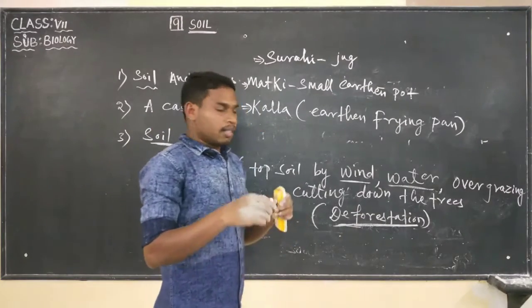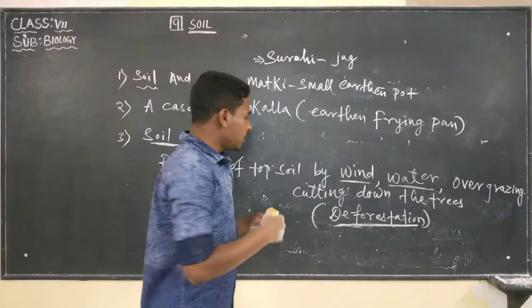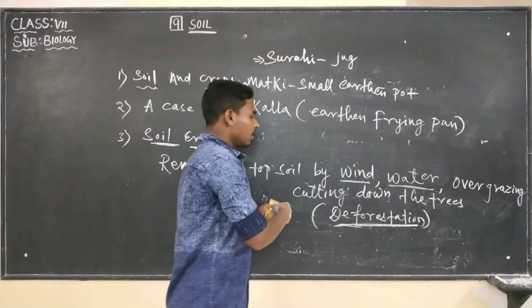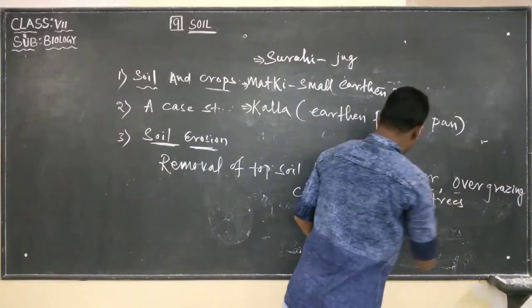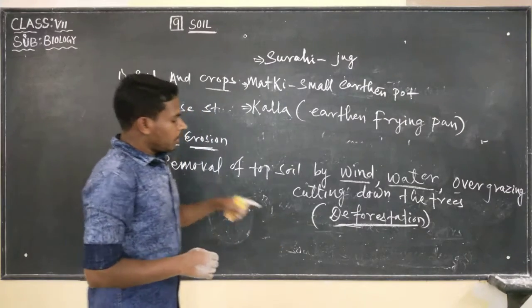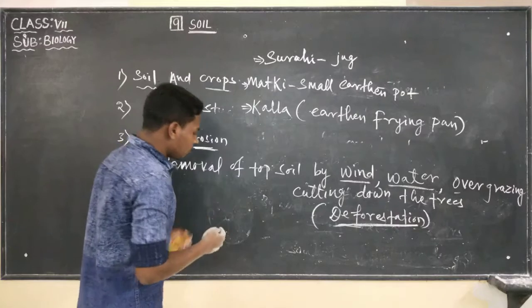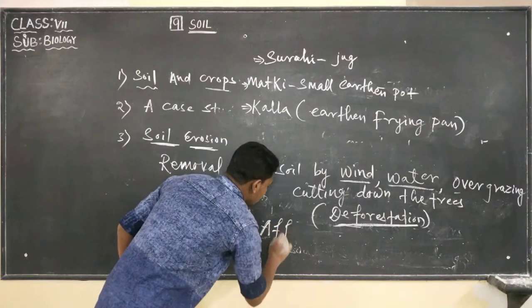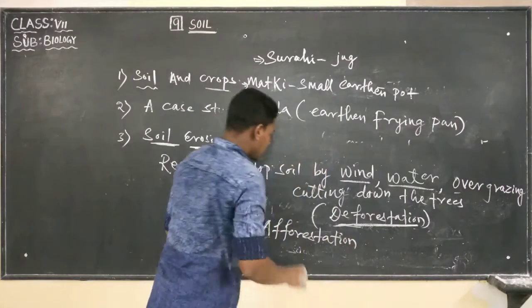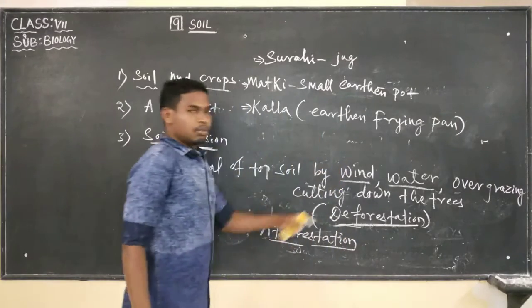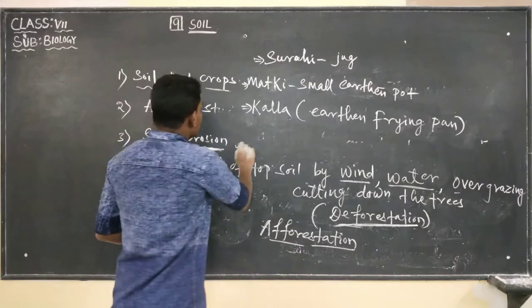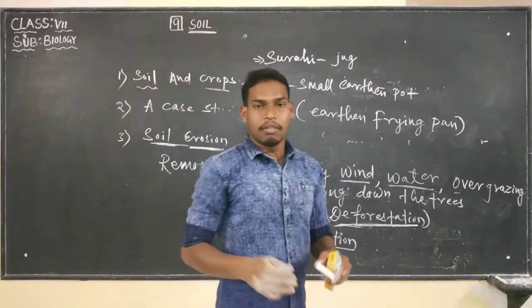Now the soil will become loose and it can be easily removed by wind, water, and even by overgrazing. So this is how soil can be removed. Okay, so in place of deforestation, what should we practice? We should practice afforestation, to ensure that there is no soil erosion. So these are the three subtopics we have learned.